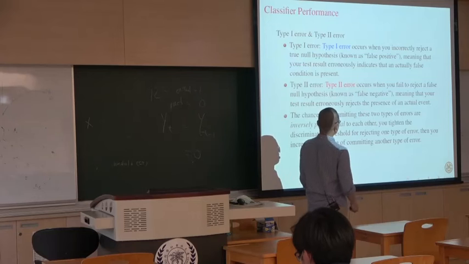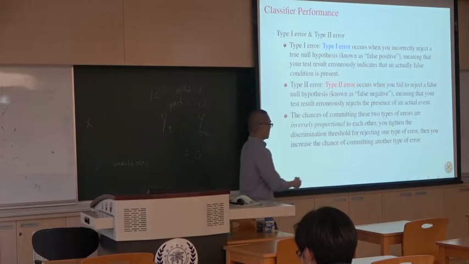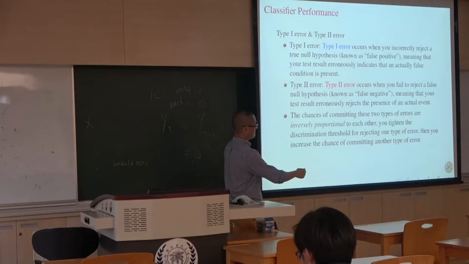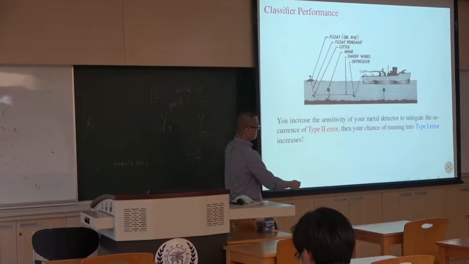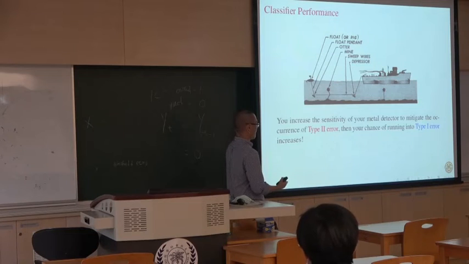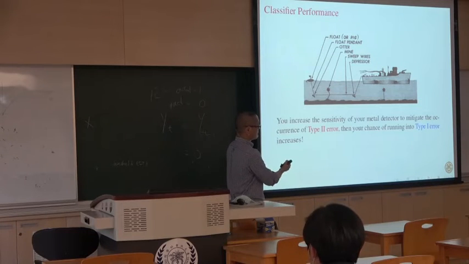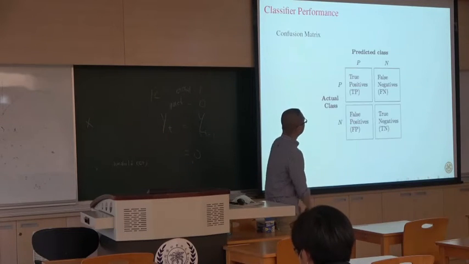So that's false negative. Hence, the chances of committing these 2 types of error are inversely proportional to each other. So if you raise the sensitivity of the metal detector to mitigate the occurrence of type 2 error, then the chance of running into type 1 error, false positive, increases.